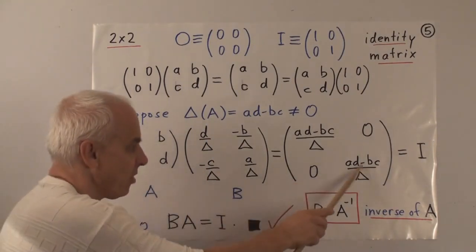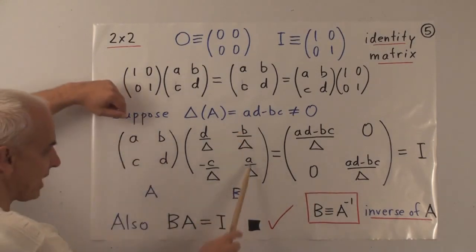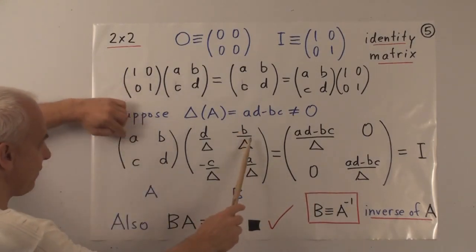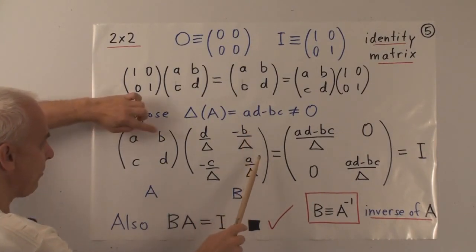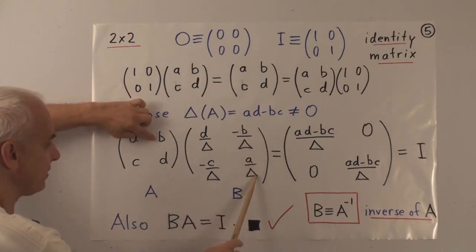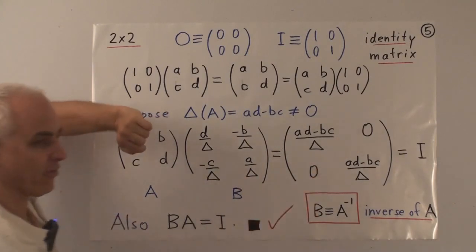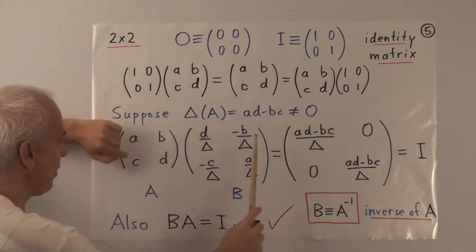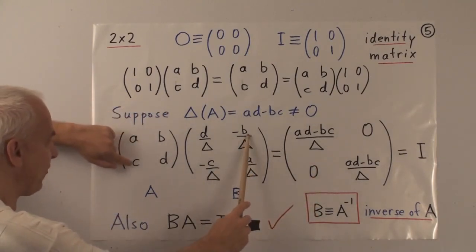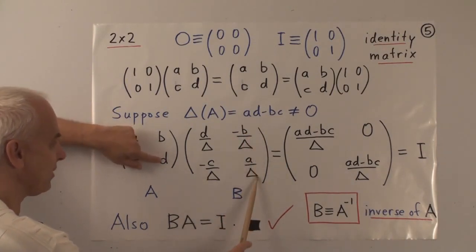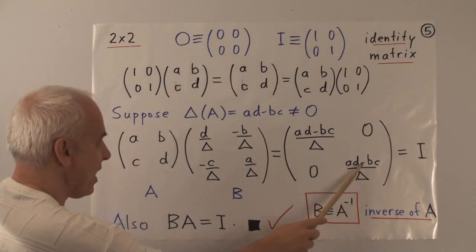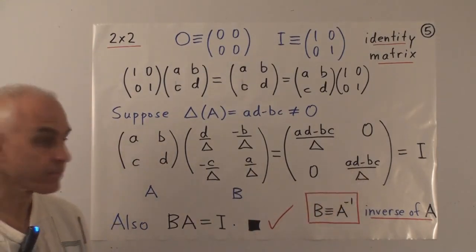What about the second column? We get it by taking the second column and multiplying it first by the first row. A times minus B over delta plus B times A over delta. They cancel out also, we get 0. And finally down here, minus B times C over delta plus D times A over delta. Well, that's AD minus BC over delta.